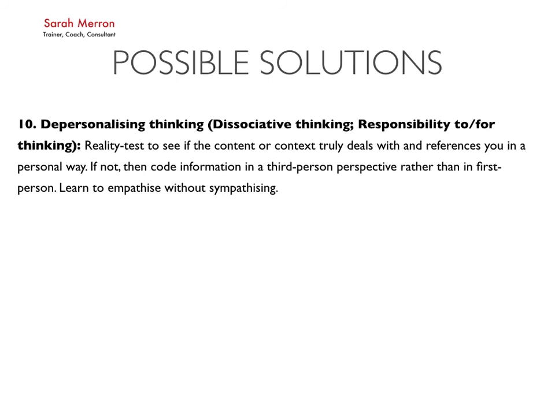So the quickest way to do that is to test the content and to test the context, and to understand if this only happens with certain people or if it happens with everyone, or if it's a result of paranoia, often common in values level 2 or 3. And what we do is we start to code that information. Hang on, let me step back from that.